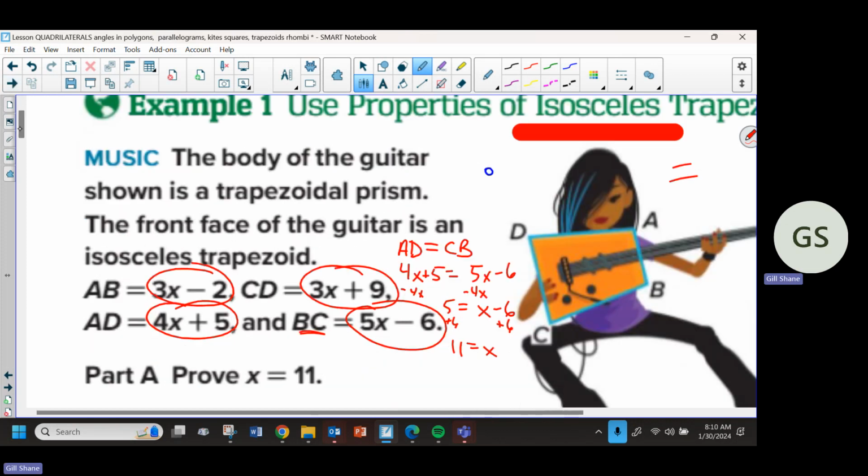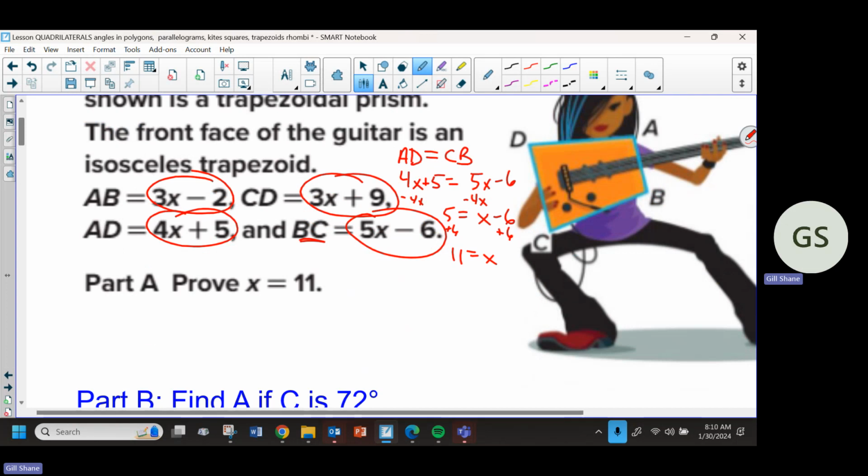And remember, if we solve for it, make sure you go back and check, because it might ask, what is the length of AD? You would have to plug in the 11 and then say, okay, the length of AD is actually 4 times 11 plus 5. I don't know why I wrote 6 plus 5, so 49.